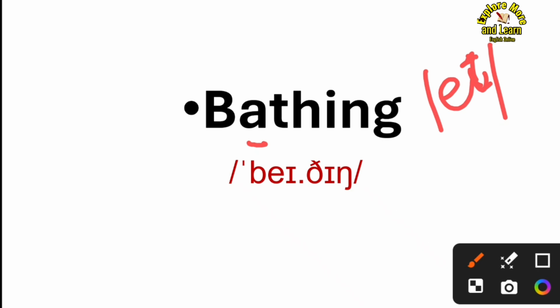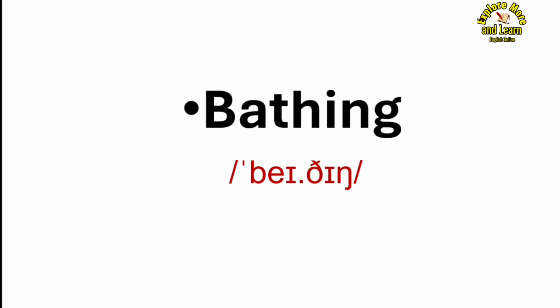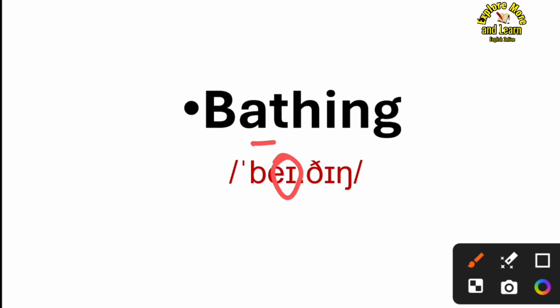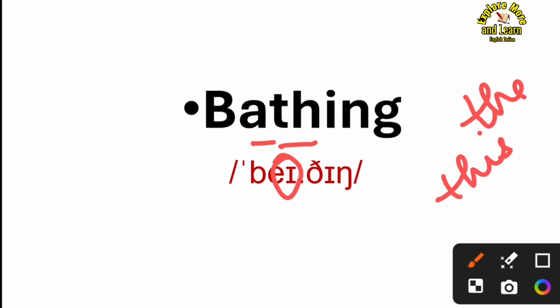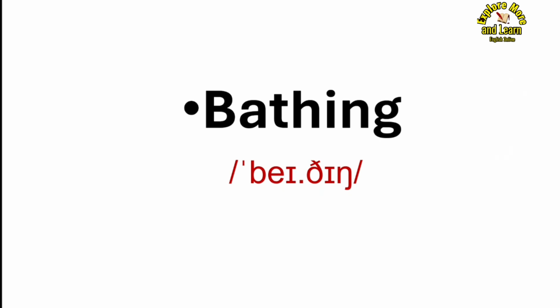So bay, and letter TH has the sound bathing. So did you notice that here letter A is having this sound and letter TH having the sound like we have in "the", like we have in "this". Okay, so it is bathing, not "bathing".